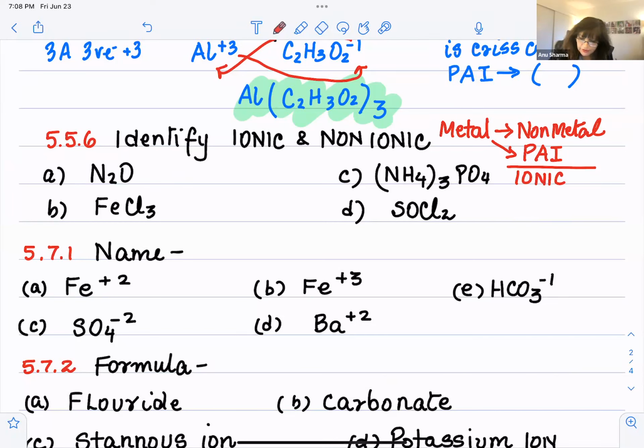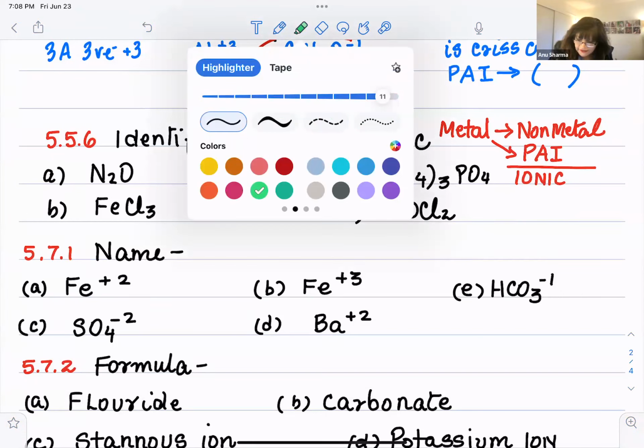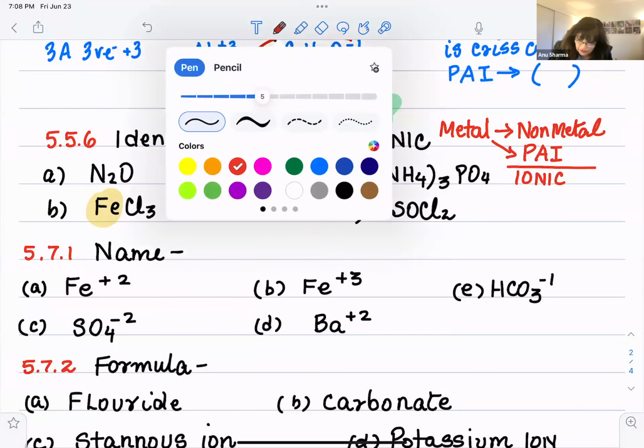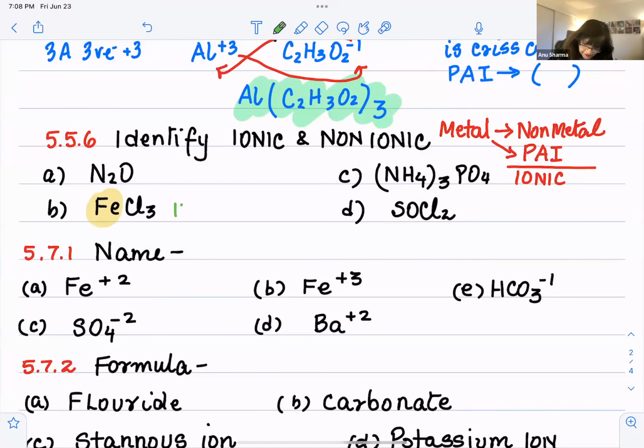Okay, so here what do you see? The whole thing is whether you recognize a metal or not. Iron is a metal, right? So iron is a metal, and ammonium phosphate. Now that's a tricky one. These are the two, so definitely let's put this here. This is ionic because metal and a non-metal. Next is N2O.